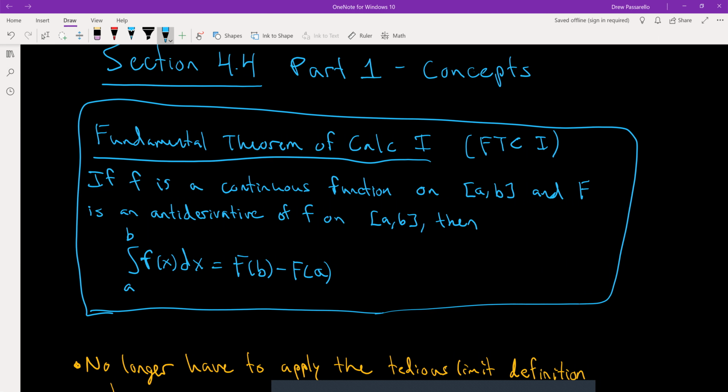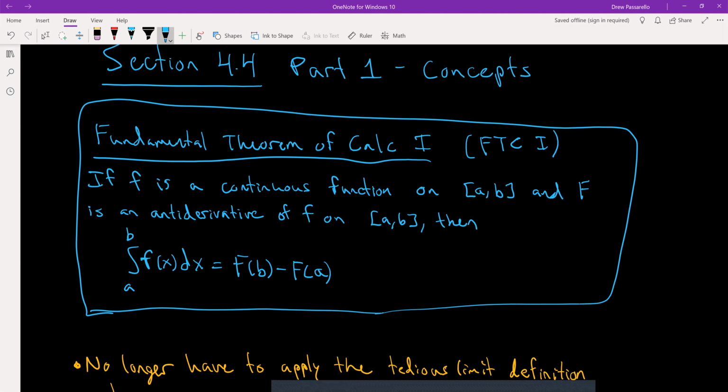Just for time's sake, since we're on week 9 already, I'm only going to focus on 2 theorems out of the section, and I'll leave it up to you to read up on the mean value theorem for integrals and the average value of a function, just to save time, because I think it's more important right now to cover what we'll be applying in the next section, 4.5, and then also once you get into Calc 2.